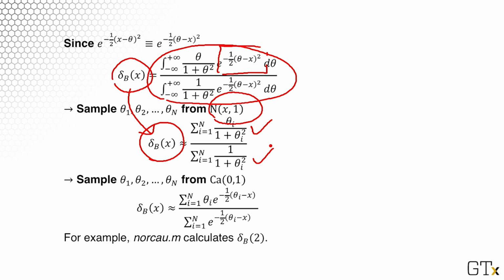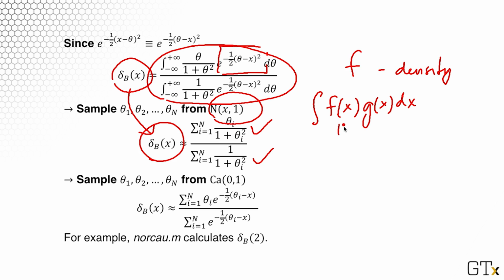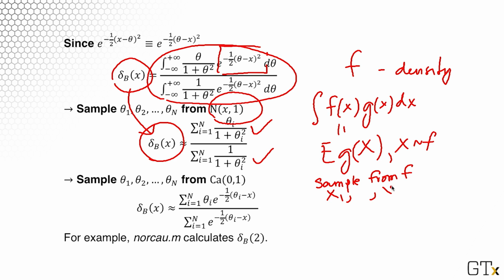The reason is simply that if I have the integral of f of x times g of x dx, and f is a density, that is the expectation of g of x when x has distribution f. If I can sample from distribution f, x1 up to xn, then this integral is close to 1 over n times the summation of g of xi. This is what we are using in this case.